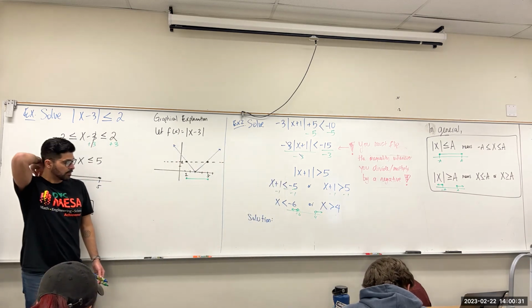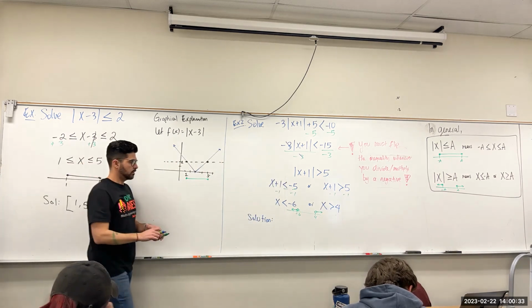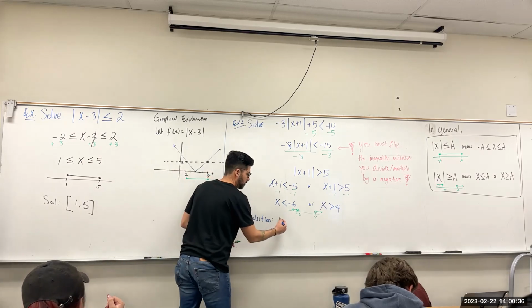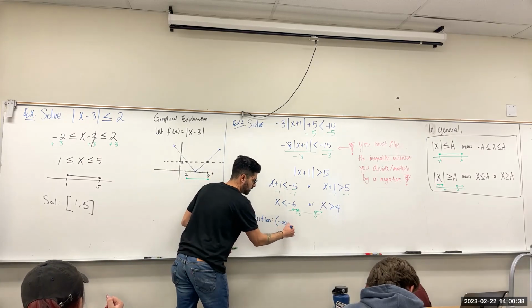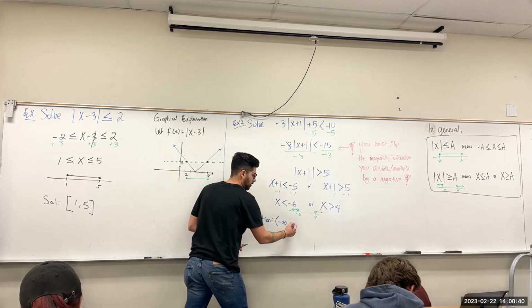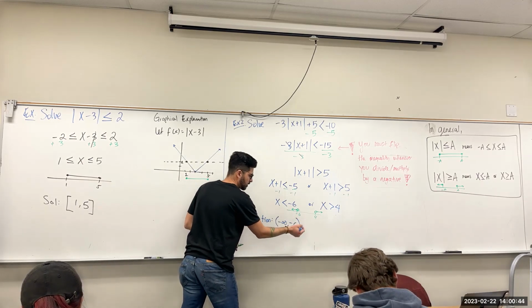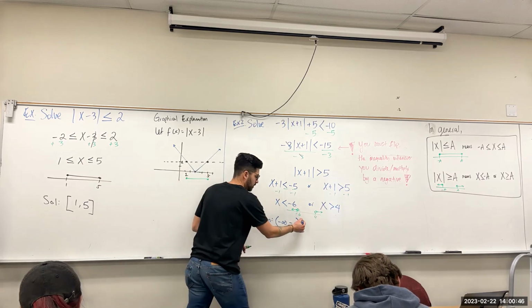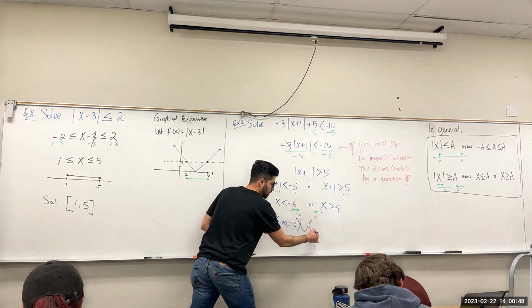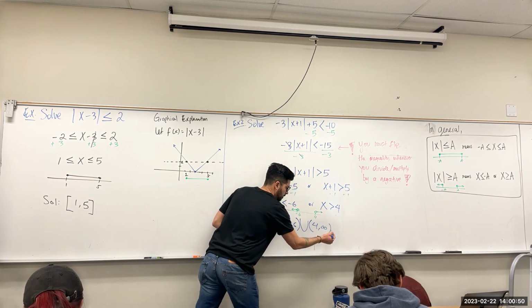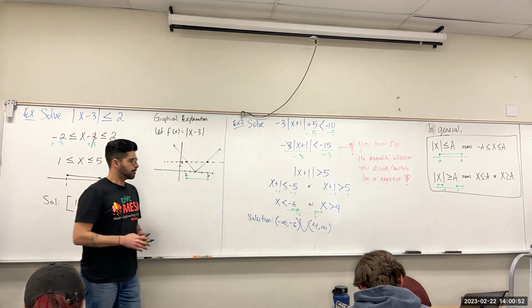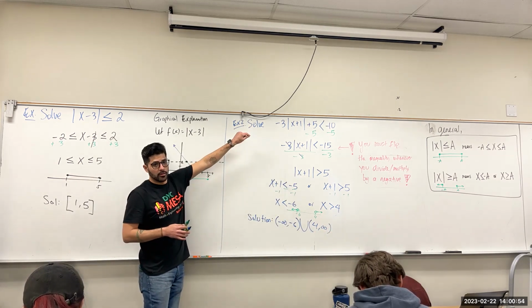So how do I start writing my interval? Negative infinity with a parenthesis, -6. Do I equal it? No equals, so parenthesis. Then union 4 to infinity. All those x values will satisfy the inequality.